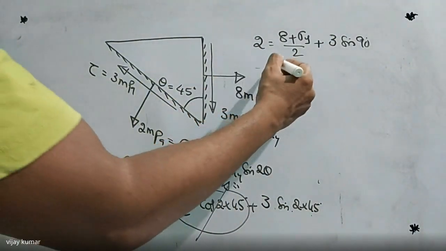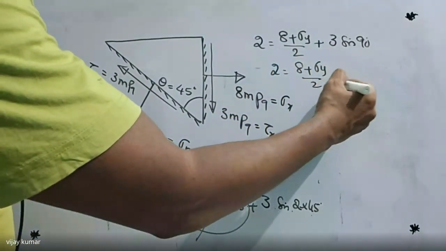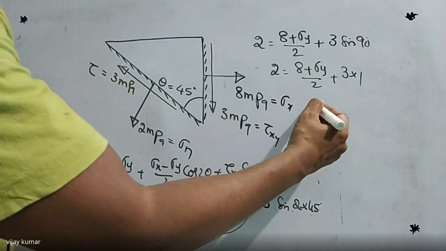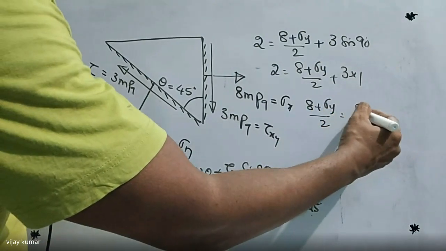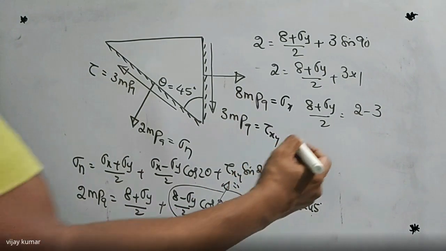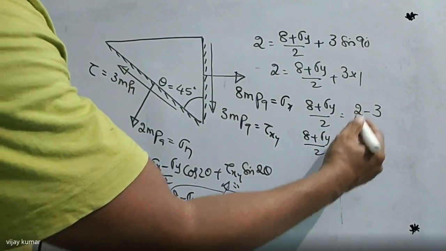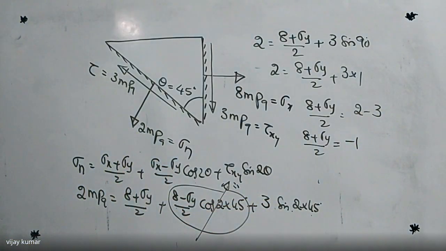So 2 is equal to (8 plus sigma y) by 2 plus 3 into 1. Then (8 plus sigma y) by 2 is equal to 2 minus 3, which gives minus 1. So (8 plus sigma y) by 2 is equal to minus 1, and multiplying by 2 we get minus 2.